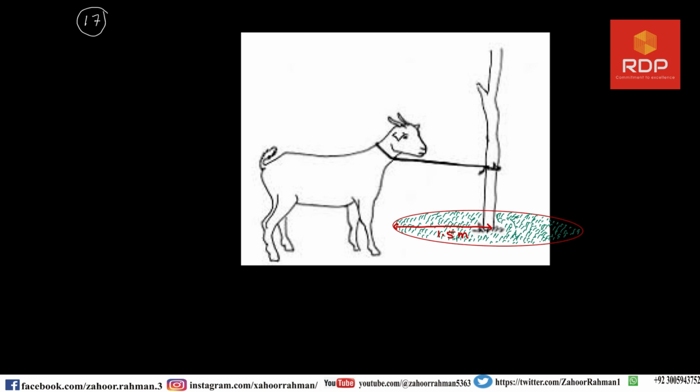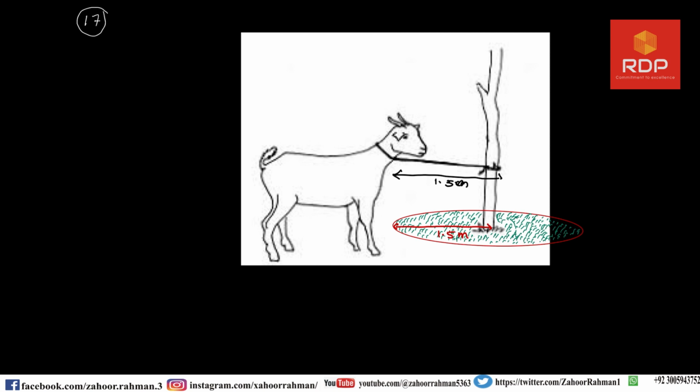Question number 17 is saying a goat tethered by a rope of 1.5 meter length, which is also shown here with the red line, is able to eat 1 square meter of grass in 14 minutes.